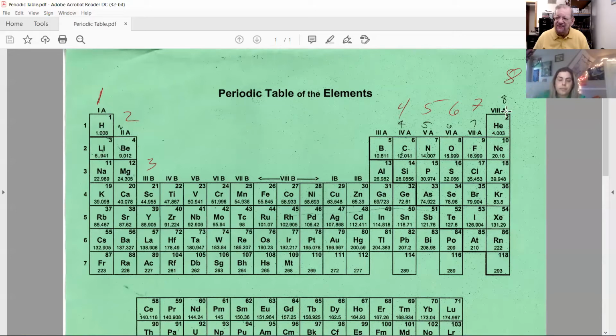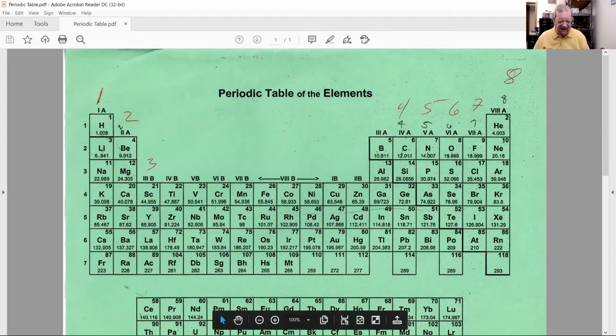Thank you. You find oxygen, first thing you have to know is what's the chemical symbol for oxygen? O. Then how many electrons? The atomic number tells you how many protons and electrons. In this case, 8. So we now know oxygen has 8 electrons.